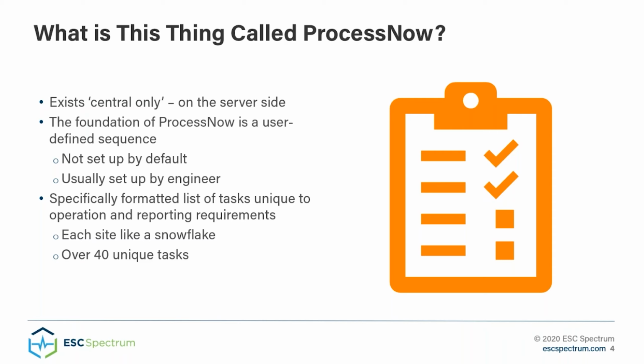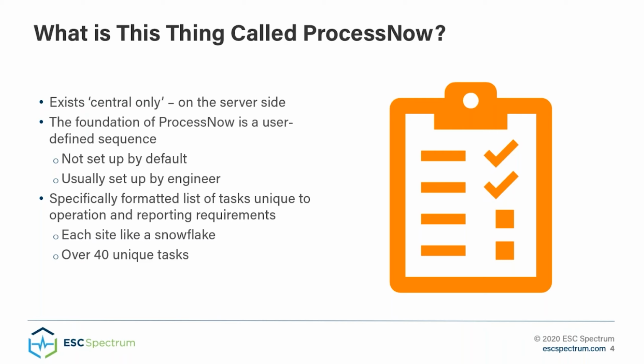The foundation of ProcessNow is a user-defined sequence, so it's not set up by default. And because it's such a specifically formatted list of these tasks, usually this is going to be set up by the ESC Spectrum engineer upon initial installation. In this slide, it says 40 unique tasks.